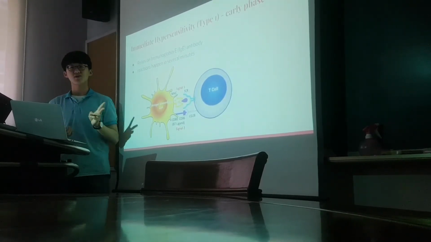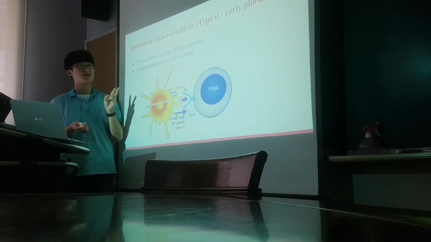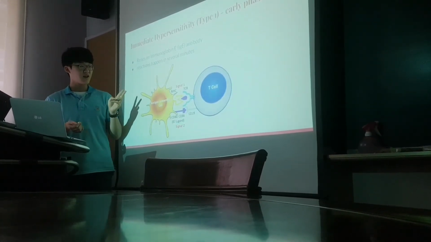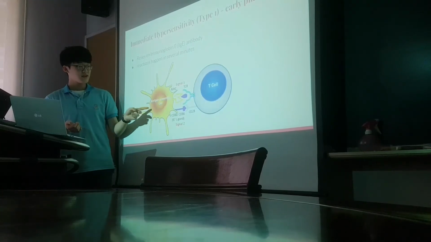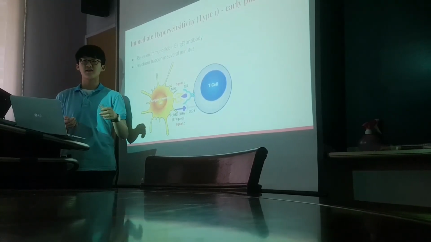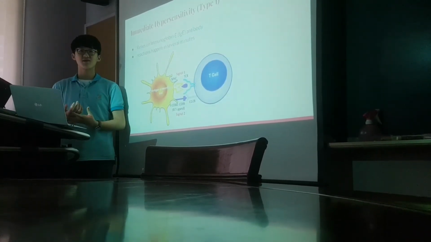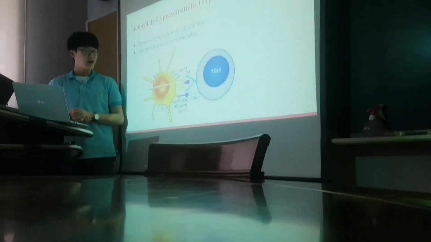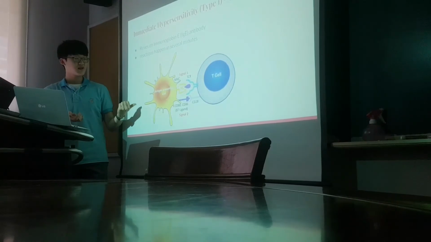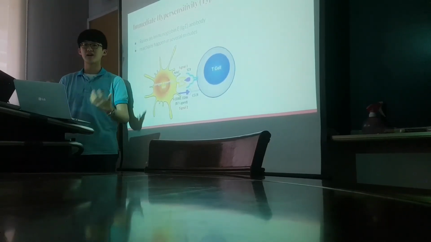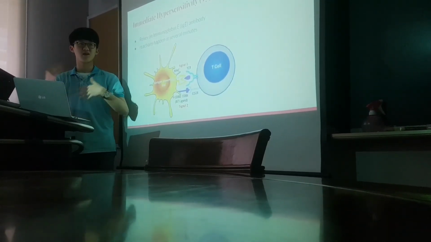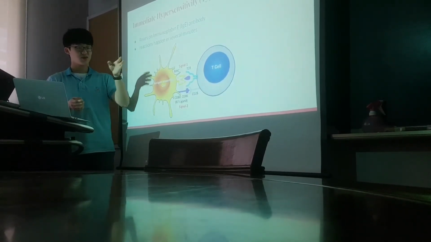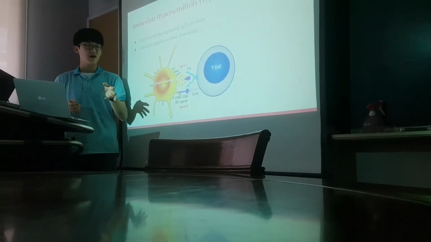And there are mainly two phases. The first one is the early phase, and the second one is the late phase. And these are the antigen presenting cells, dendritic cells and macrophages, as Mr. Hyrie mentioned. These antigen presenting cells bind to certain antigens somewhere in our bodies, and they move to lymph nodes.